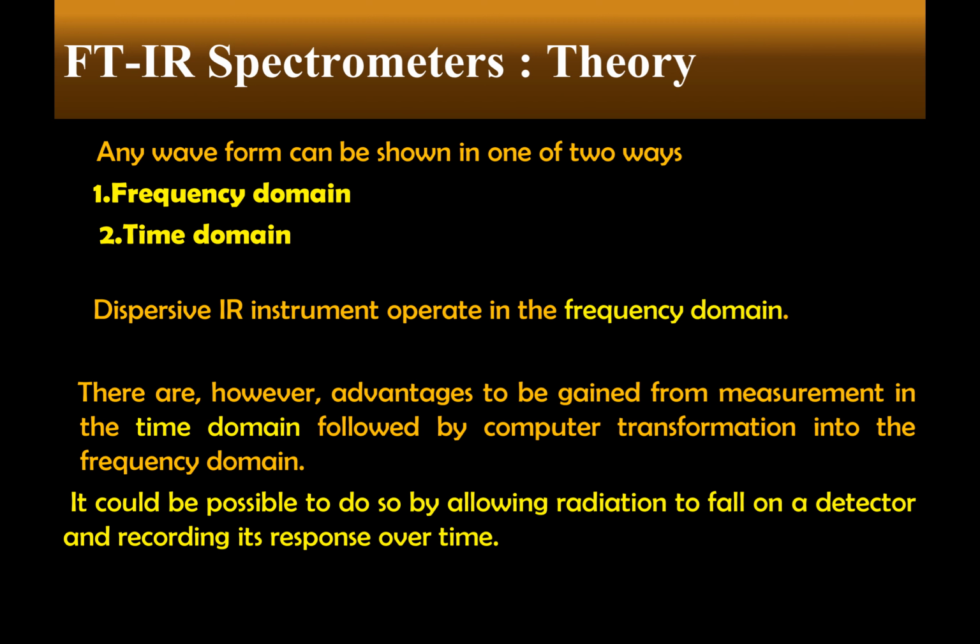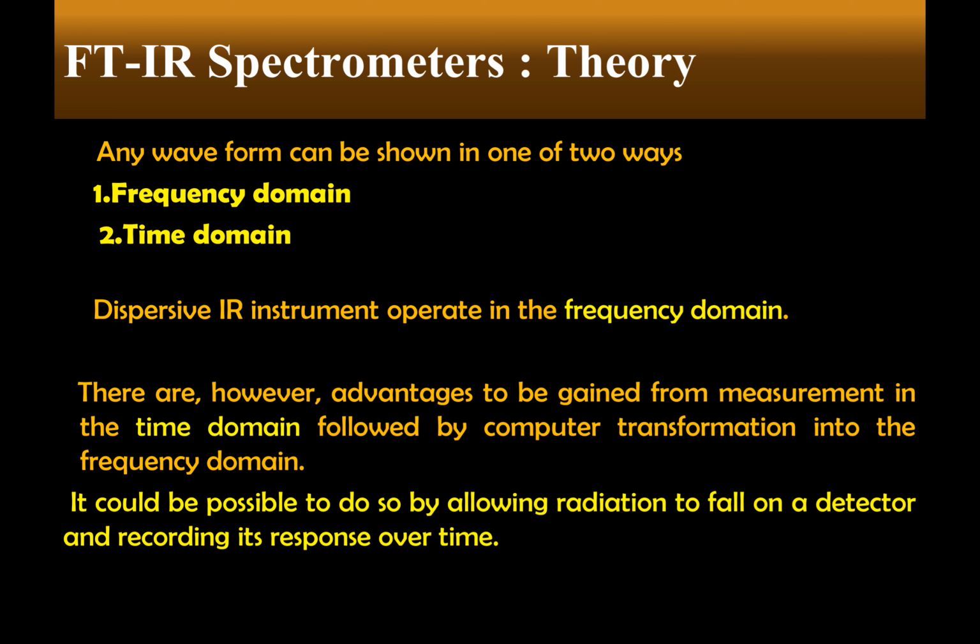Now, FTIR spectrophotometers, let us go to the theory part in short. Any waveform can be shown in one of the following two ways, either in the frequency domain or in the time domain. Now, all dispersive IR instruments operate in the frequency domain only. There are, however, advantages to be gained from measurement in the time domain followed by computer transformation into the frequency domain.